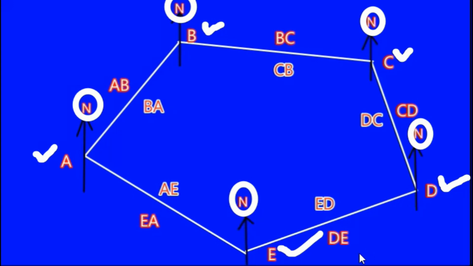The reason for conducting this practical is that we need to know these internal angles, right? These internal angles, that is angle A, angle B, angle C, D and E. Now, how much will it be?